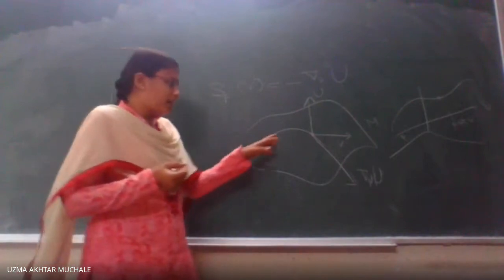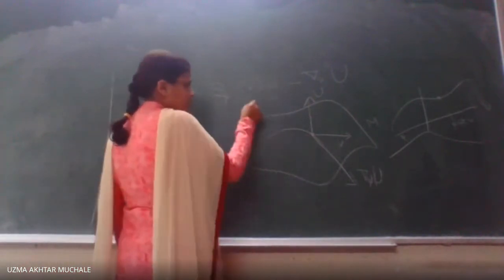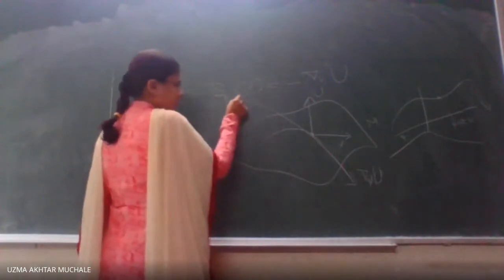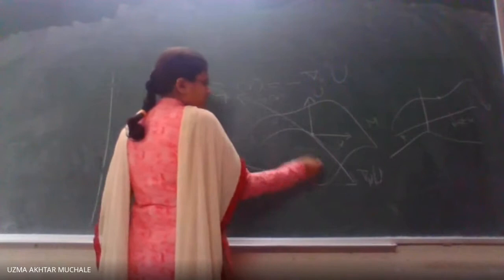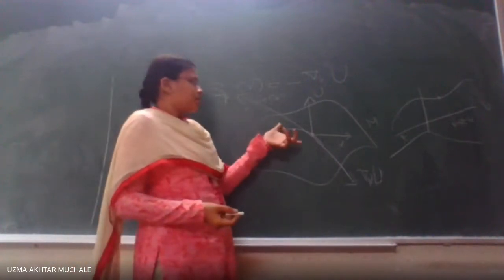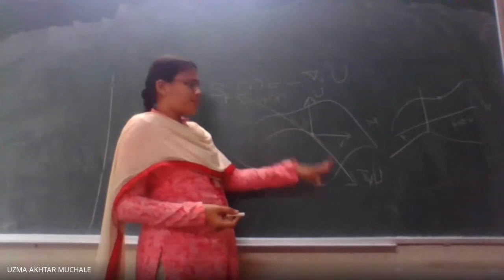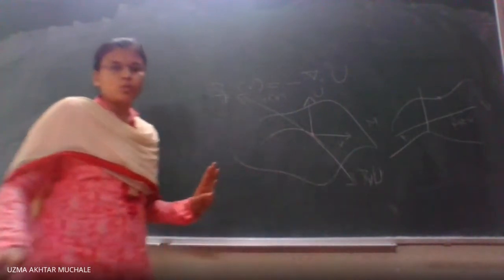It is written with a negative sign. Actually, I also don't know why it is with a negative sign. So SPV and del V U are with the same magnitude but opposite direction.